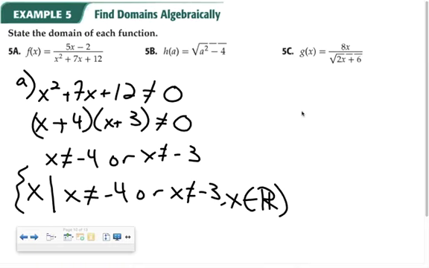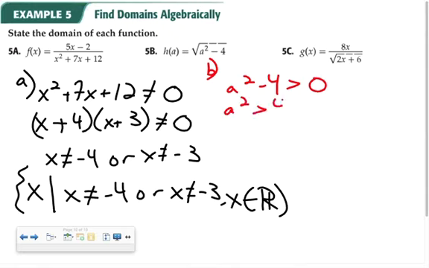For part B, I don't have a denominator, so I don't have to worry about dividing by 0, but I do have a square root, and as I mentioned earlier, you're not allowed to take the square root of a negative number. So I want to make sure that a squared minus 4 is greater than 0.